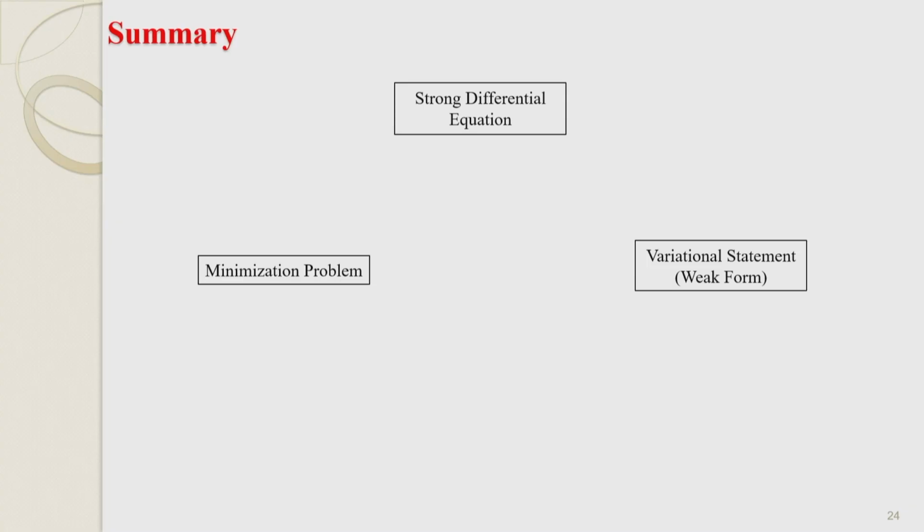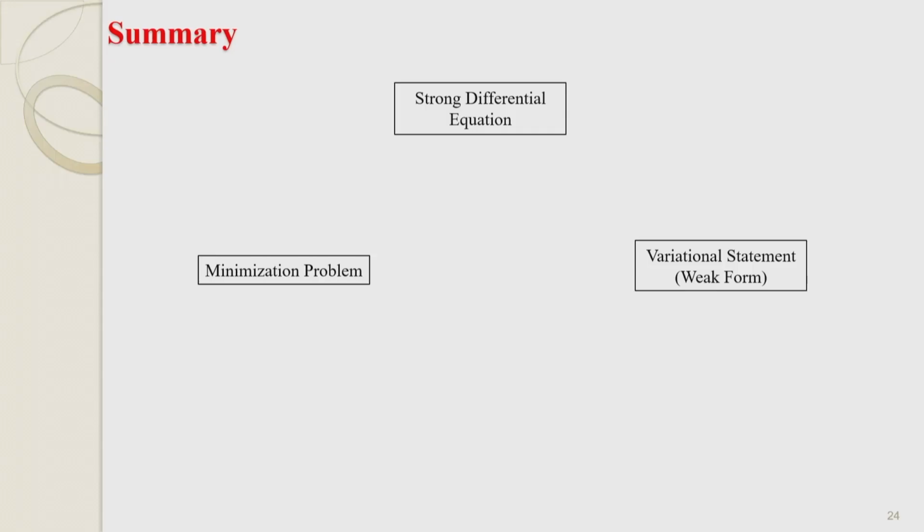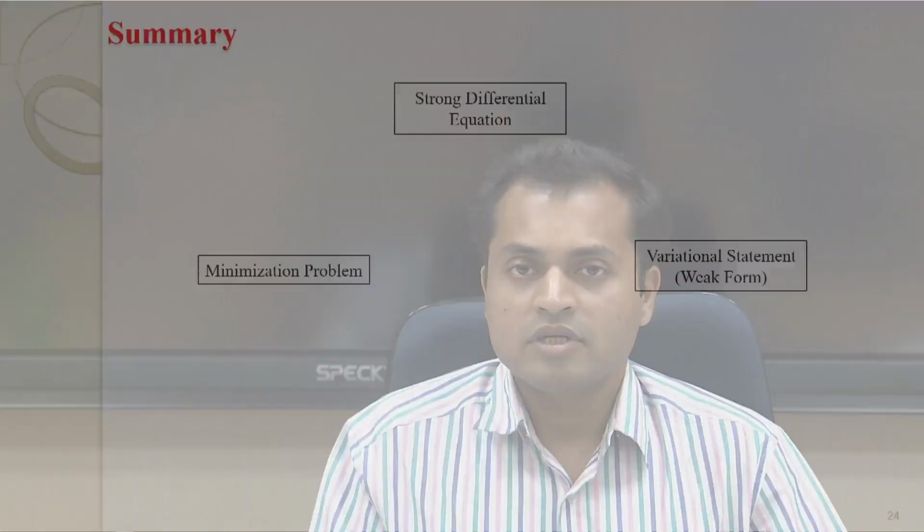So, if we summarize, we have three different forms of the same problem. One is the minimization problem, minimizing some functional. Another one is the strong differential equation with boundary conditions. Another one is the variational statement, that is the weak form.